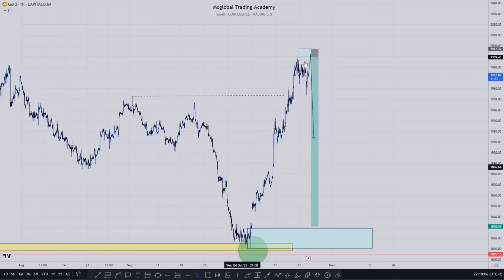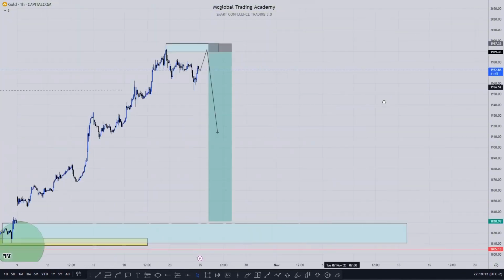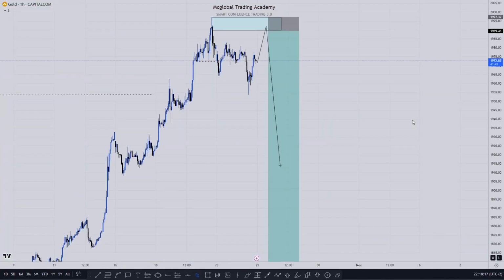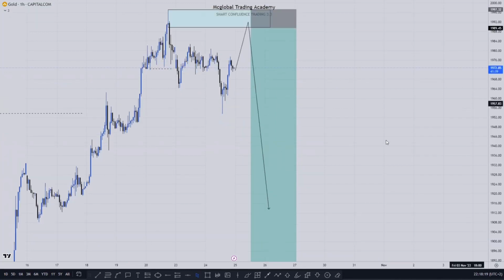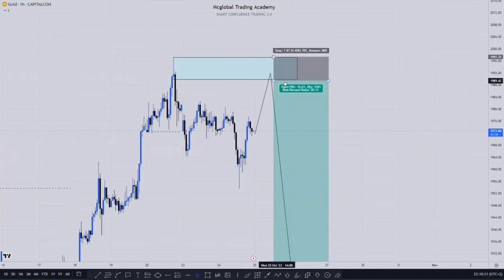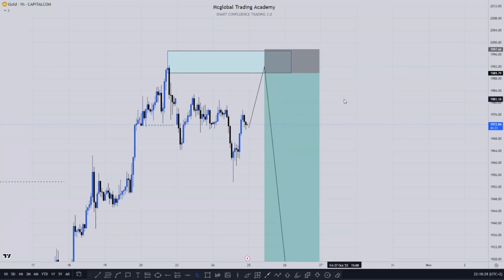Change of character, come back down before they go continuation up. So yeah, gold, that's the setup. Clean setup. Once they come to the zone there, you can actually sell. Come to this one, reject, close below, you can actually sell there. So that is our setups for gold as well as US30.